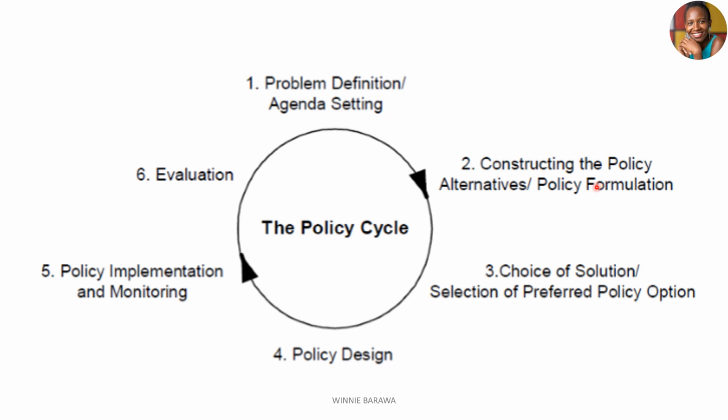And then we have constructing the policy alternatives or policy formulation. Stage 3 is choice of the solution or selection of the preferred option, policy design, implementation, and then we finish with evaluation stages. So we shall break it down in simple stages. Some of the stages may differ in terms of the naming, but the explanation is just as clear and purposeful as it's supposed to be.